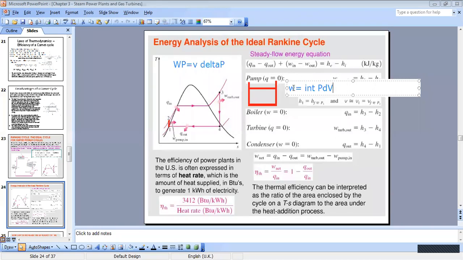Pay attention. This is valid for a system of moving boundary. Okay? Now here, in my case, where I have several equipment, pump, condenser, boiler, turbine, I don't have expansion of my volume, okay? Because for each control volume, I have the same volume. But what is happening here? The work is produced in another form.